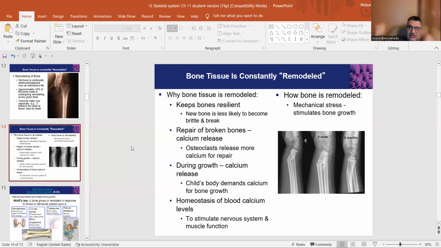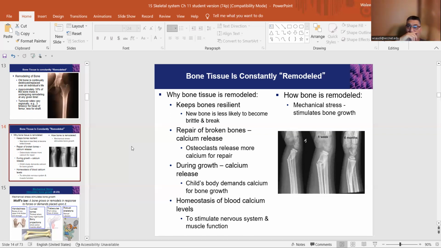If I am exercising, my bone becomes stronger. How? Osteoblasts will take the upper hand. There is always a balance between the bone builders, osteoblasts, and the bone breakers, osteoclasts. As long as you're doing the normal activities, they are balanced. None of them is taking the upper hand. You stay as is.